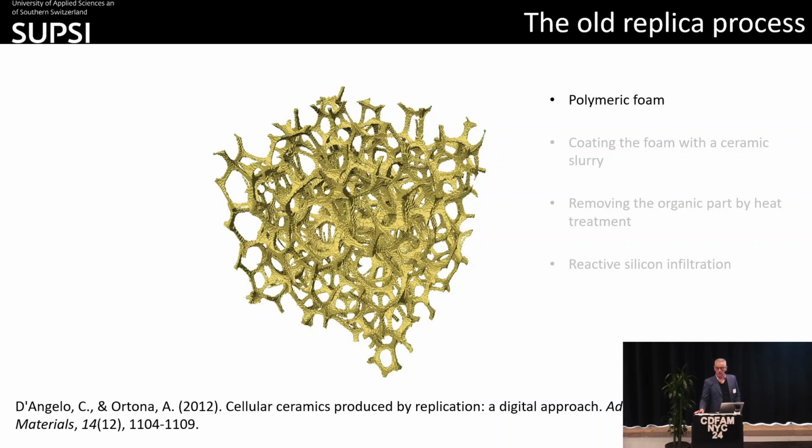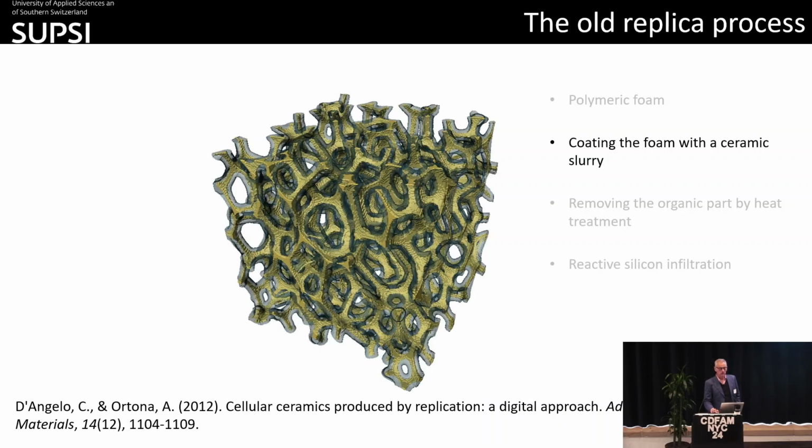We were using a very old process, the Schwarzwälder method, which dates back to 1967. It's a very simple method: you take a polyurethane foam, you cover it with a slurry, which is a mixture of powders and water or other solvents and binders.